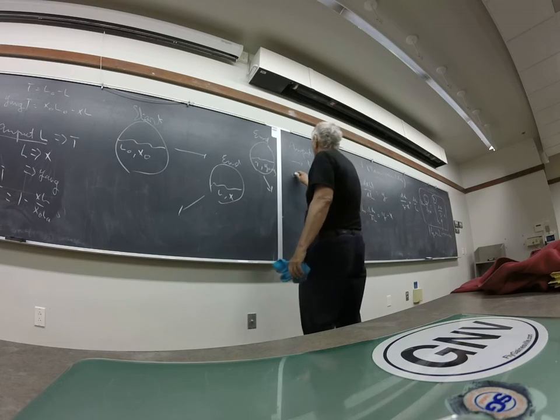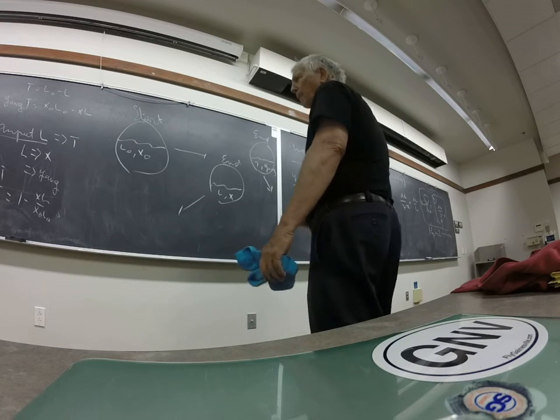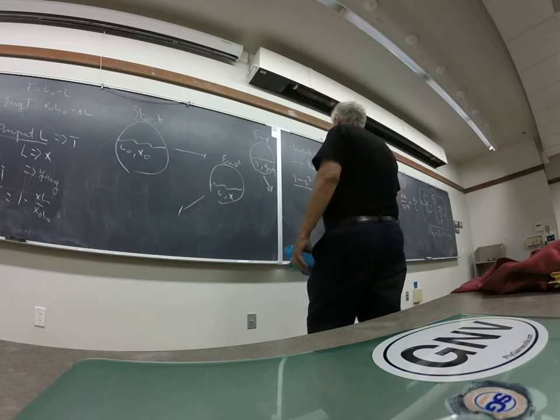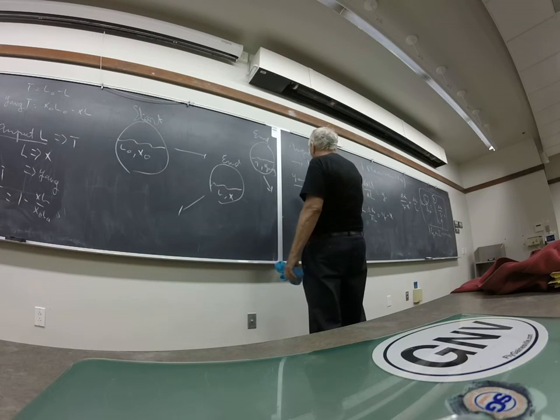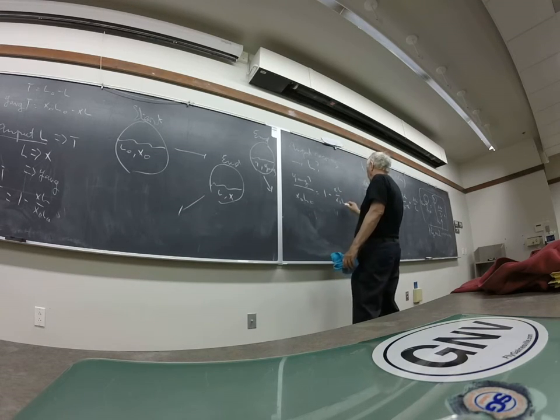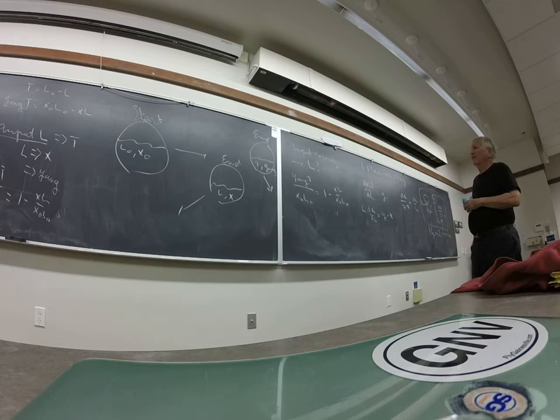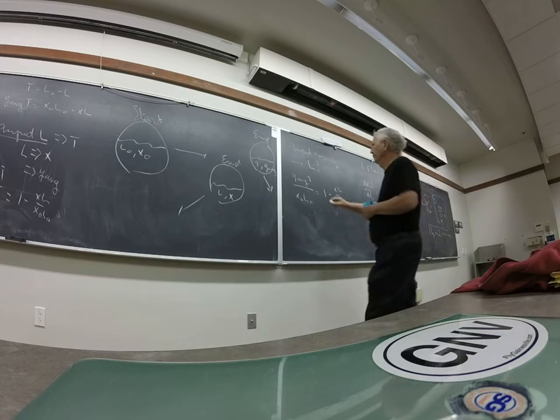That means I've got Y average T over X0 L0 equals 1 minus XL over X0 L0. Now, is that enough to do anything? I'm inputting this.